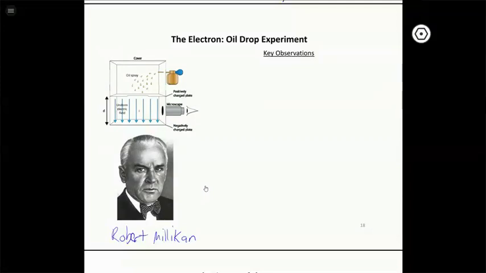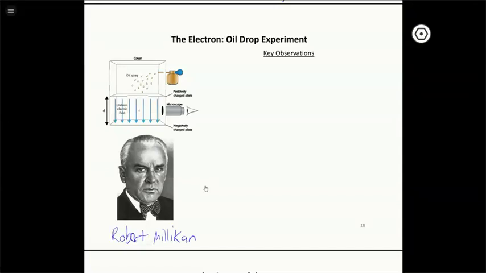So he took these really small drops of oil, he subjected them to a very large electric field, which caused some of them to be negatively charged, and then he watched as those drops fell, and he increased the electric field that they were falling against. And at some point, those drops would float because the electric field was strong enough to repel the negative charge and sort of hold them in place.